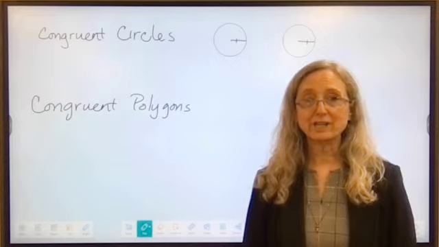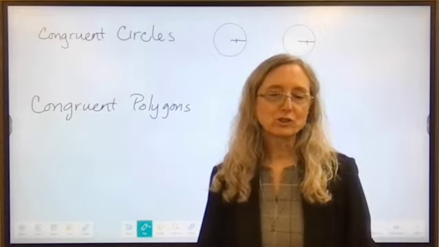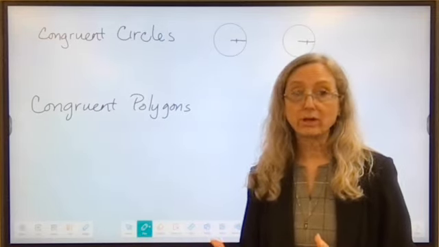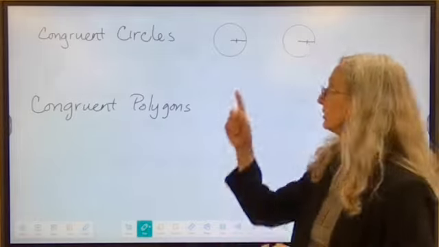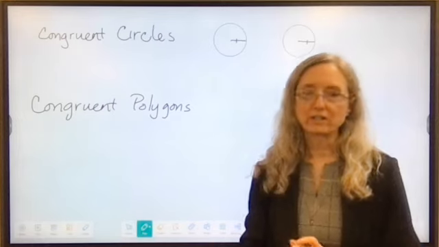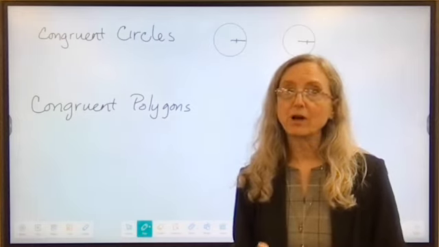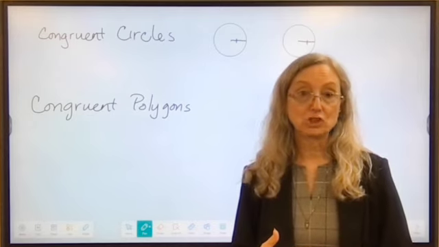We have two types of figures to begin with. If I have a circle, how do I know if two circles are congruent? If I just compare the radius of one with the radius of the other, if the two radii are congruent to each other, then the entire circle is the exact same size. Remember, congruent means it's the same size and the same shape.